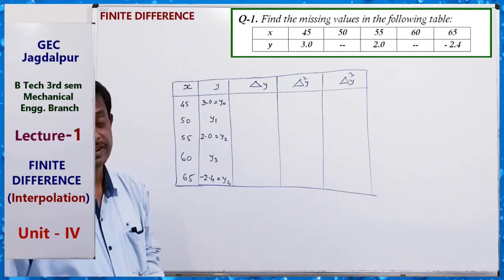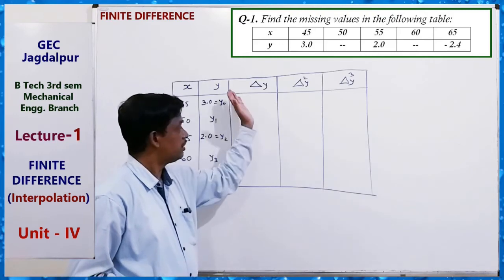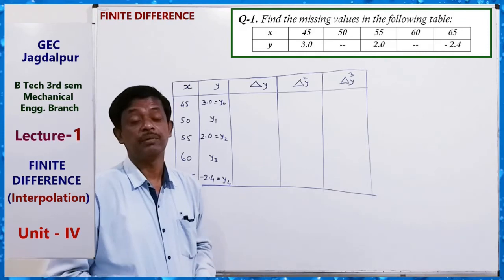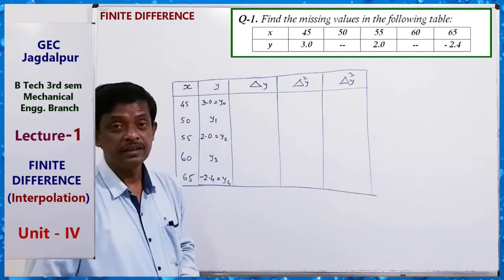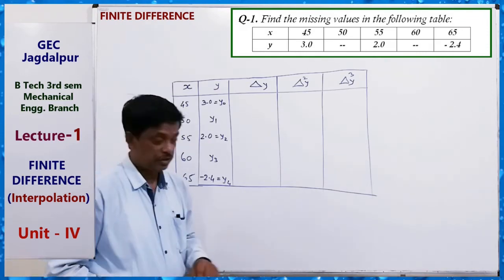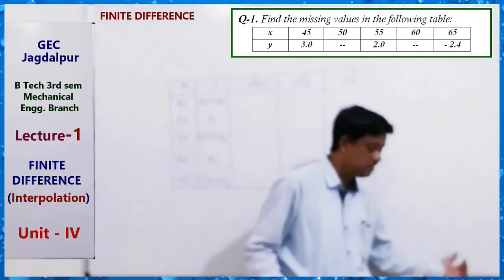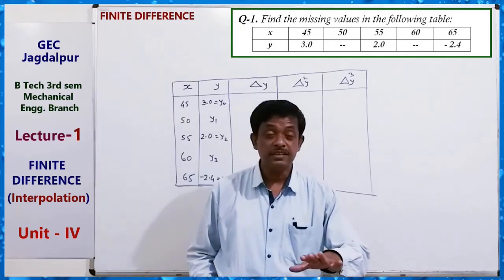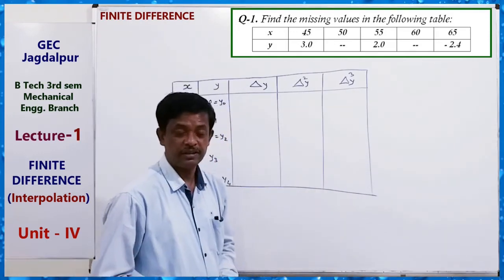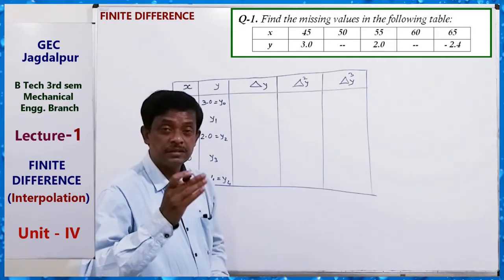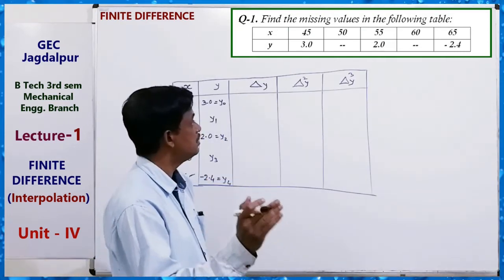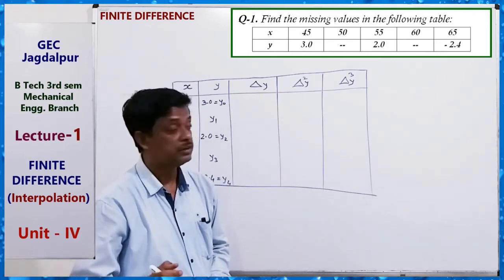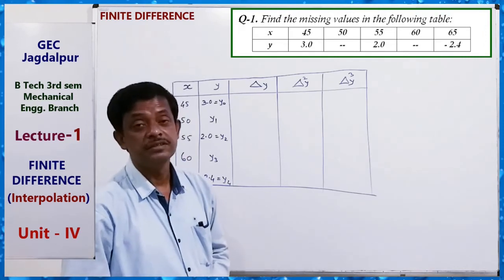So the function can be approximated by a polynomial of degree 2. If 3 entries are given, then we can approximate the function as a second degree polynomial. Clear? For a second degree polynomial, the second differences will be constant and the third differences will be 0.